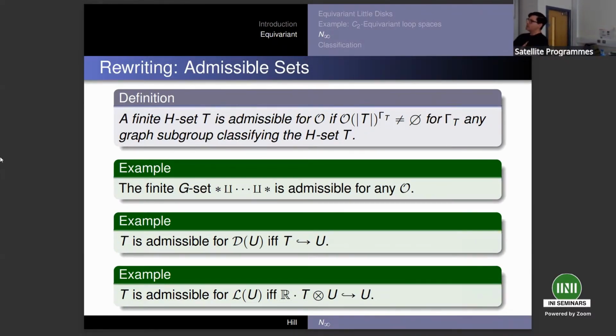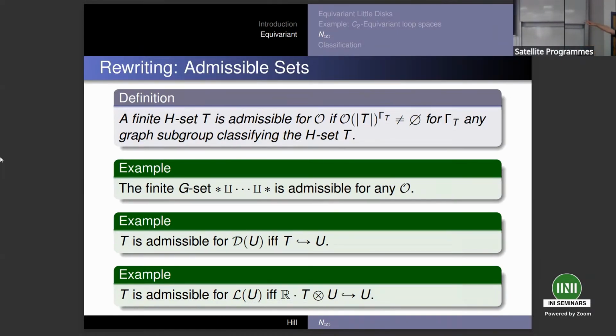And remember, graph subgroups of G cross sigma n are the same thing as a choice of subgroup H together with an H set structure on some finite set. And I'm a little squirrely about what the cardinality is here. So if I instead start with a finite H set, then there's a corresponding graph subgroup that's just the graph of the homomorphism from H to sigma n that classifies that H set.